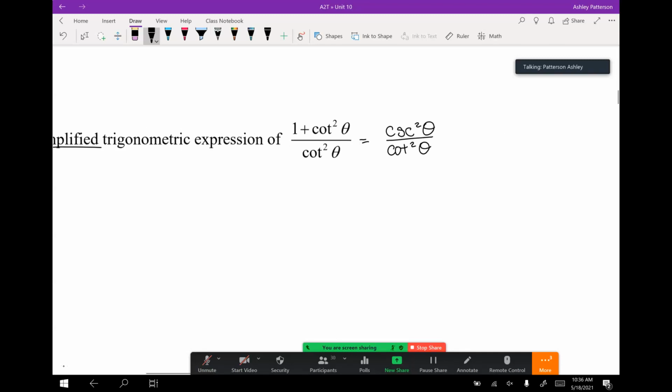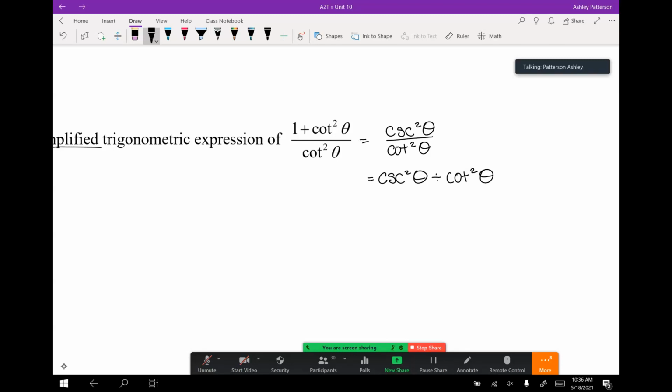And then fractions are division, so I'm going to write this out horizontally as a visual reminder that that's the operation that's happening here. And then I'm going to use the reciprocal and the basic identity to rewrite both trig values.